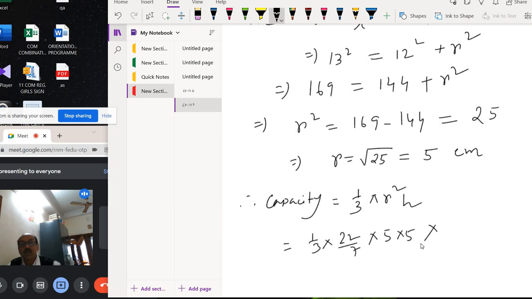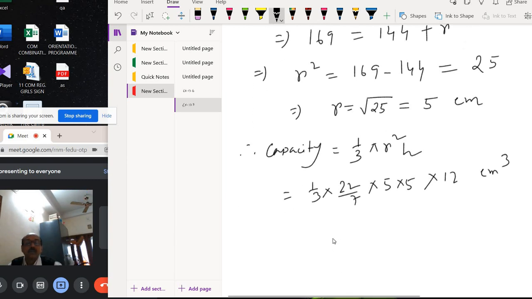Height also given 12 centimeter cube. Now 3 4s are 12. Now multiply this.